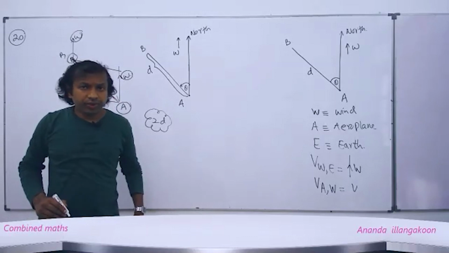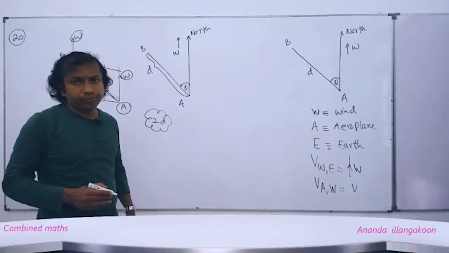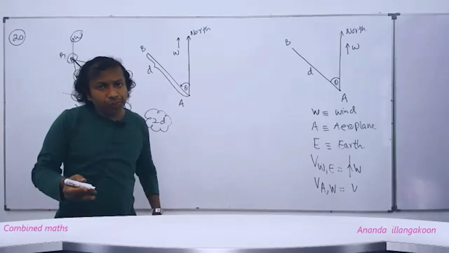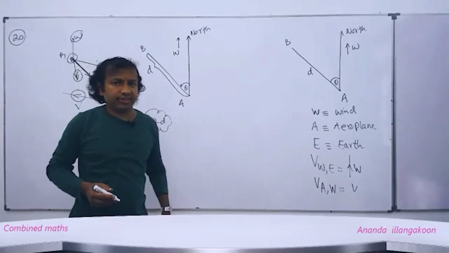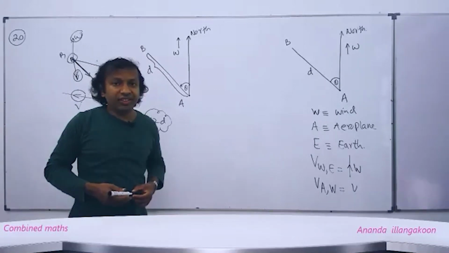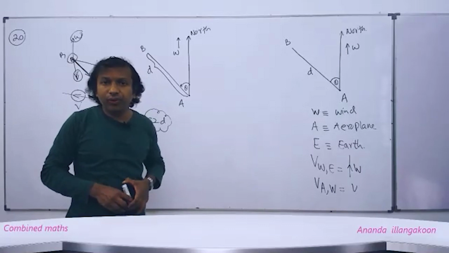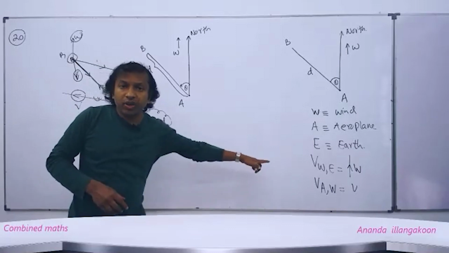The direction of the velocity of the aeroplane relative to air is along the body of the aeroplane. We don't know what that direction is, so we don't know the direction of that V.